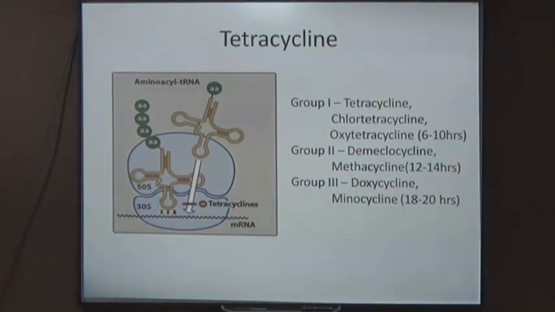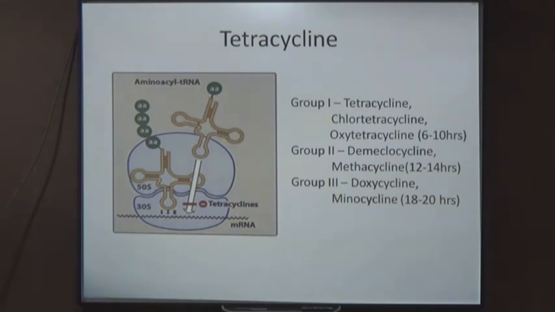So the drugs are tetracycline, chlortetracycline and oxytetracycline. Group 2 is by half-life: short acting, intermediate and long acting. Demeclocycline, methacycline, doxycycline and minocycline. Doxycycline is the most commonly used oral drug.